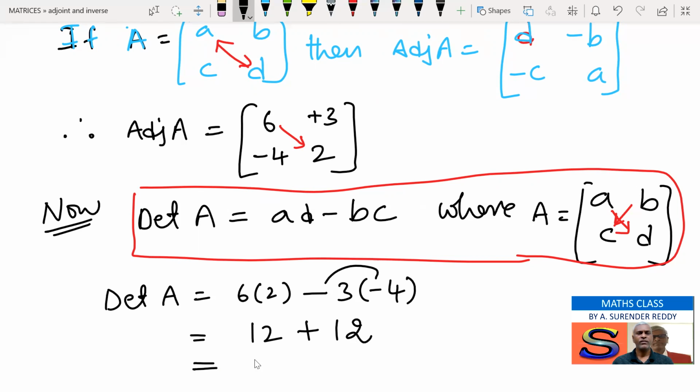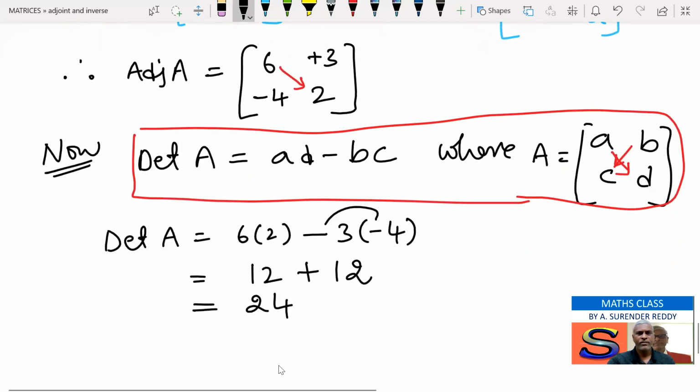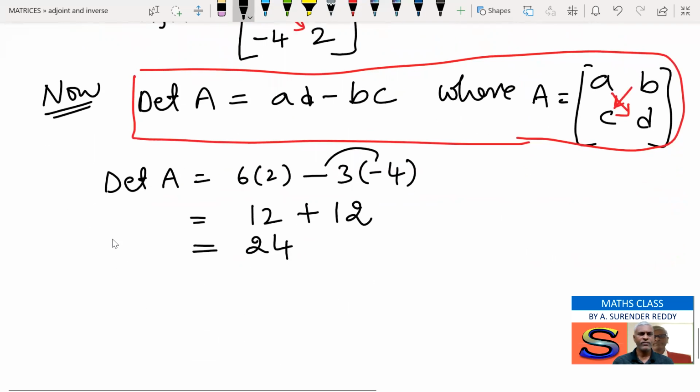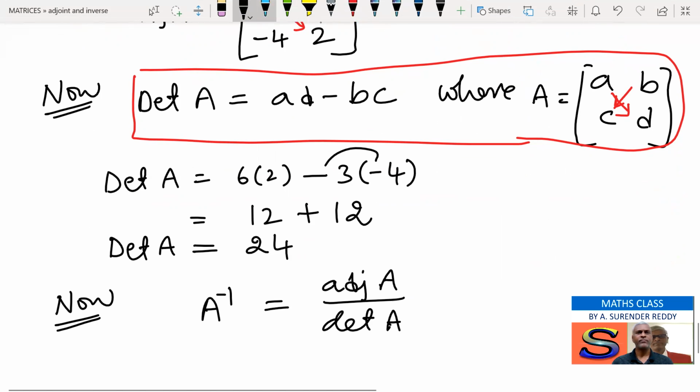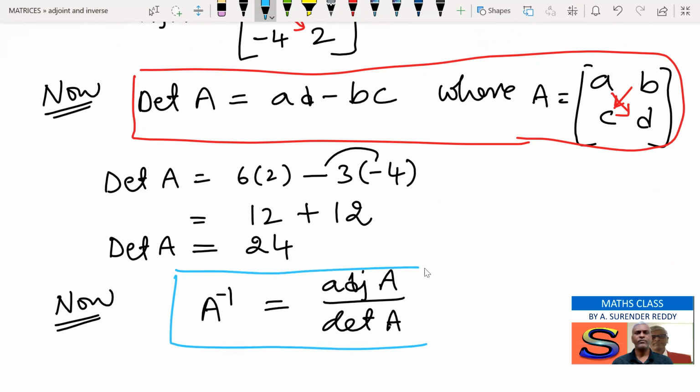So that is 24. The determinant of this matrix is 24. Now inverse, we have to find inverse. Inverse is equal to adjoint A by det A. So this is the formula. Inverse is adjoint by det.